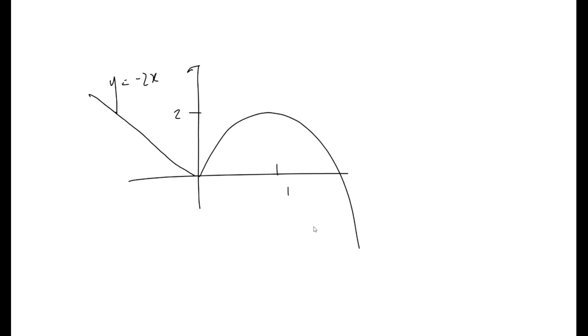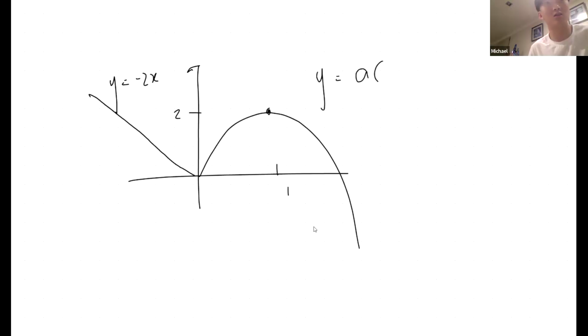So revising from the content last week, this is the vertex form. It's given the vertex, right? It can be y equals a times x minus. Okay, can anyone give me the equation for this? The vertex form. Actually, if you know it, type in the chat.